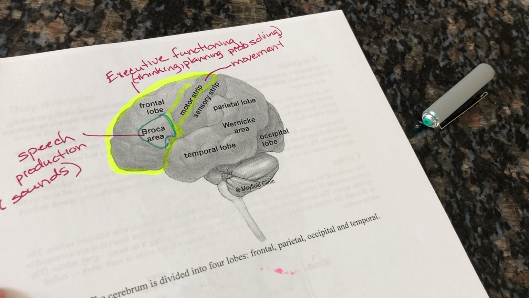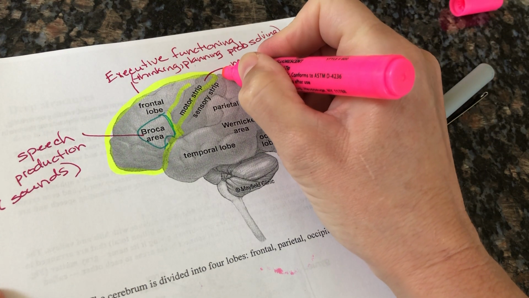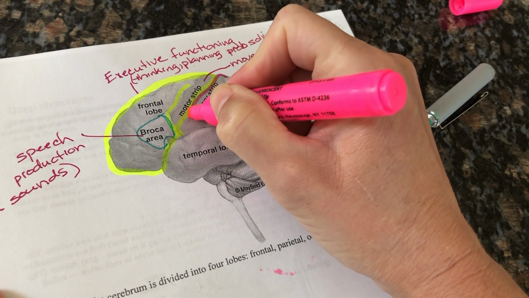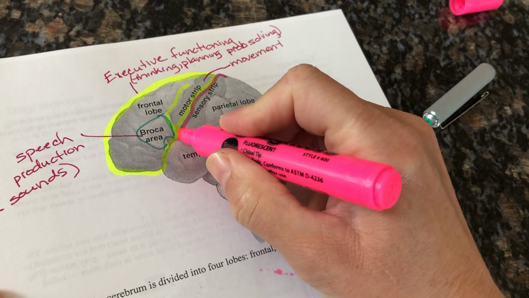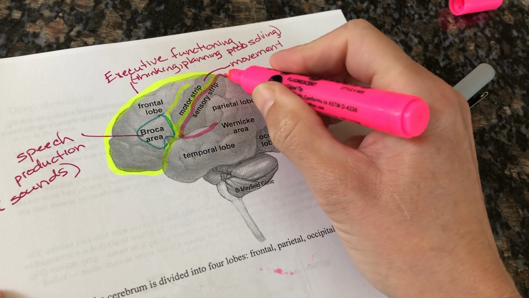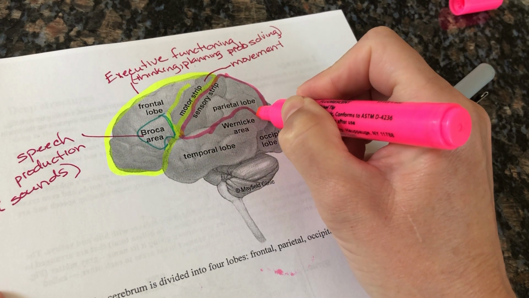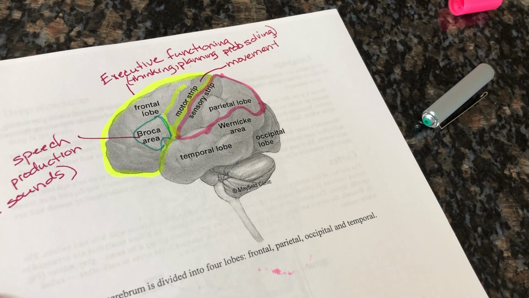Secondly now, you've got your parietal lobe. The parietal lobe is basically on the top of your head, okay? And it does not include Wernicke's area. So it's going to go like this, and it's going to just skip over Wernicke's area. And that's the parietal lobe, all right? It includes the sensory strip.